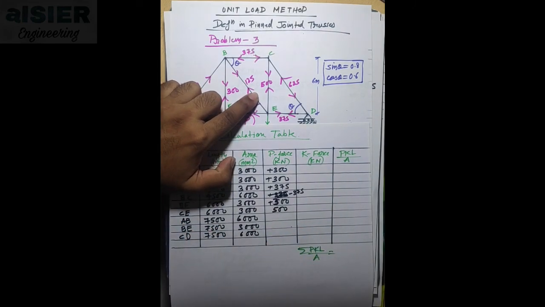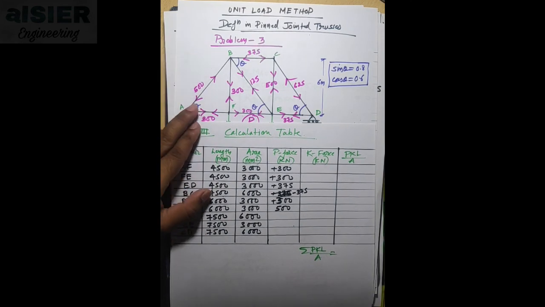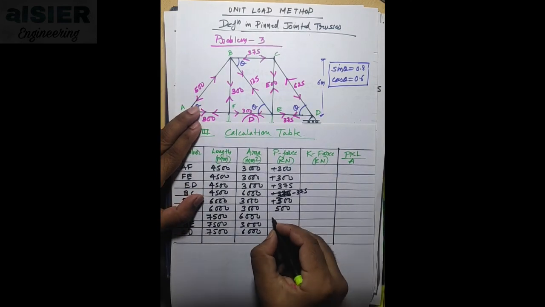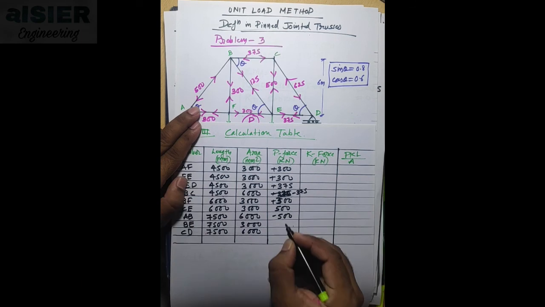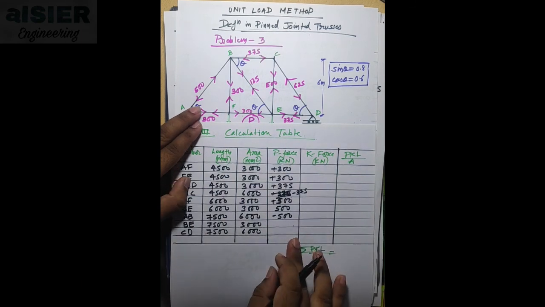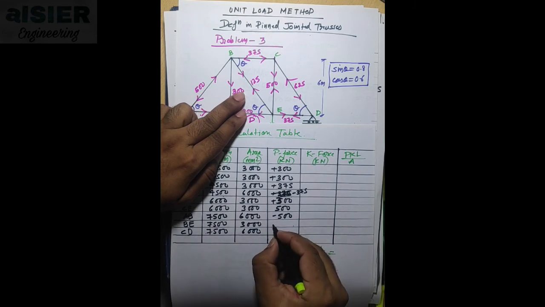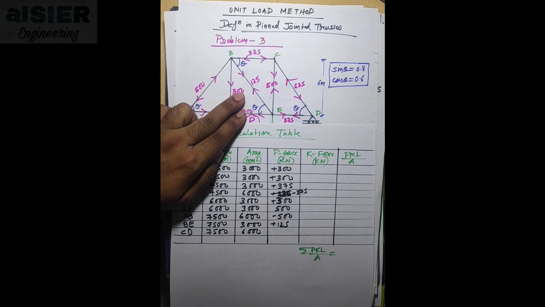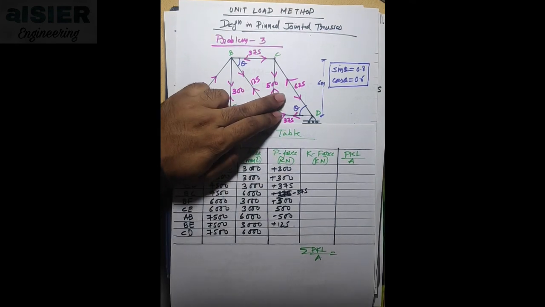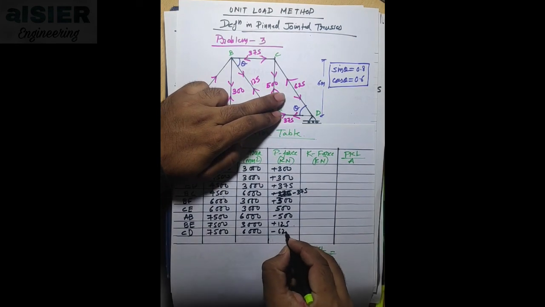Next is member AB. Now this is compressive, so minus 500. Then member BE. This is tensile, and therefore plus 125. And then CD. This is compressive, so minus 625.